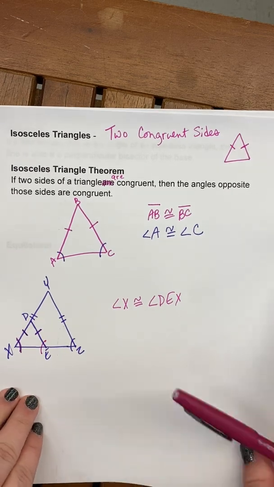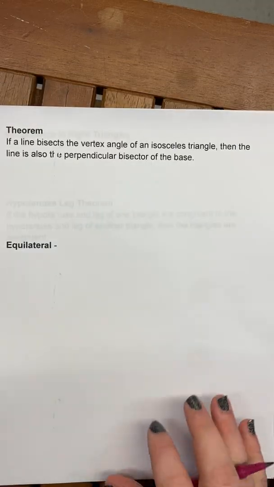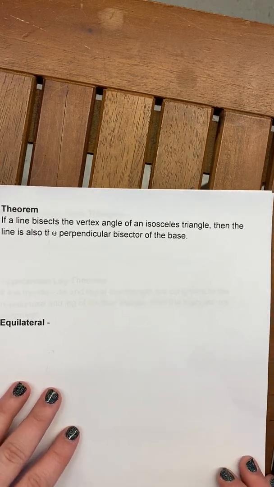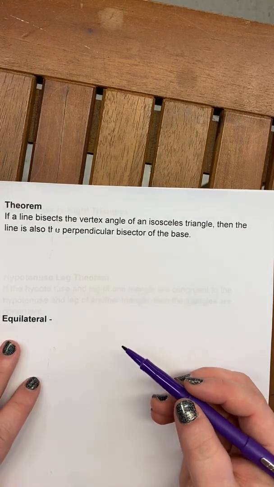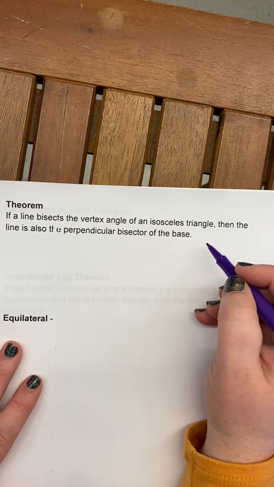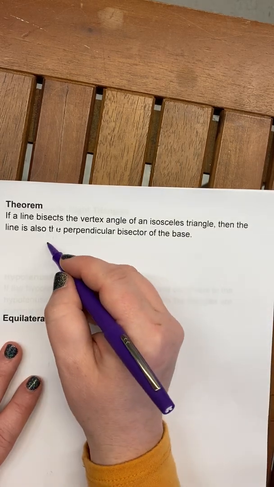All right, so the second theorem on isosceles triangles says that if a line bisects the vertex angle of an isosceles triangle, then the line is also the perpendicular bisector of the base.